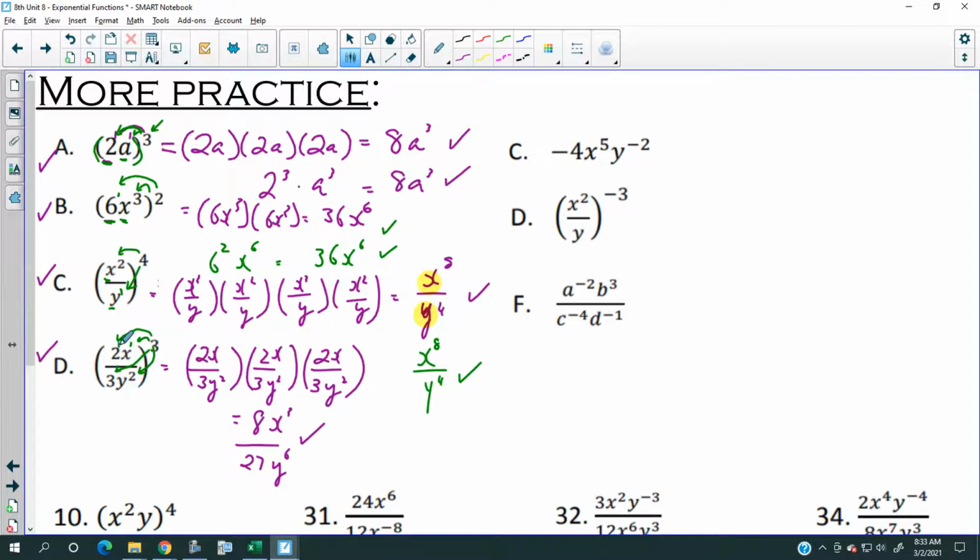So this is 2 to the 3rd power, x to the 3rd power, 3 to the 3rd power, y to the 6th power. Nothing crazy. 2 to the 3rd power is 8, 3 to the 3rd is 27, y to the 6th. Yeah, same answer, okay?